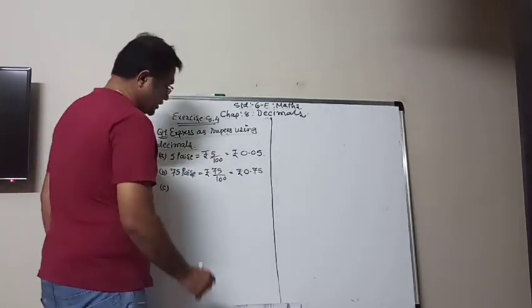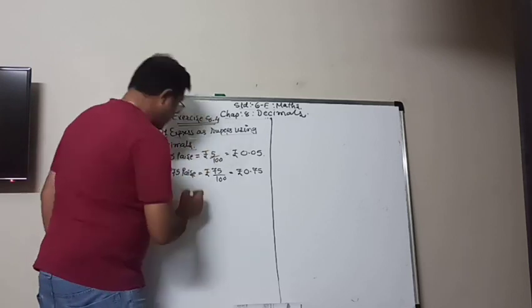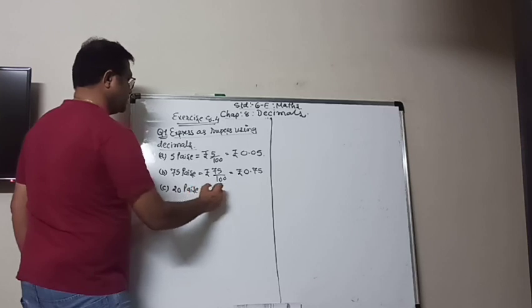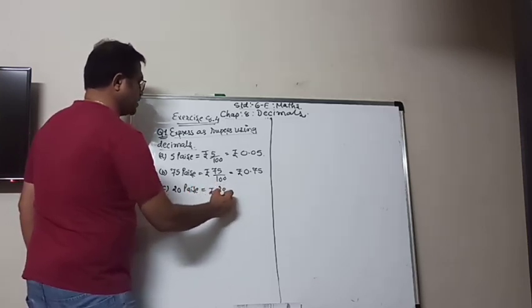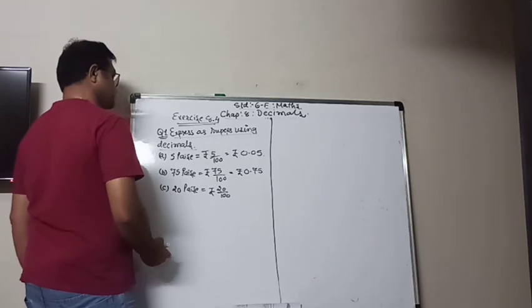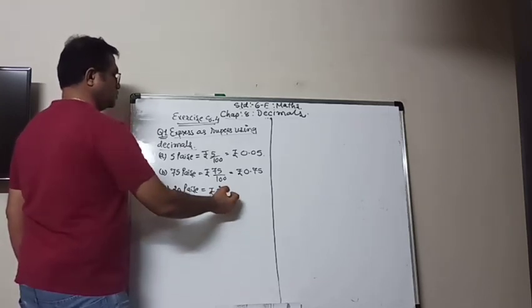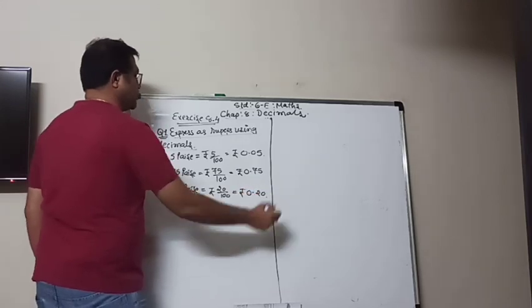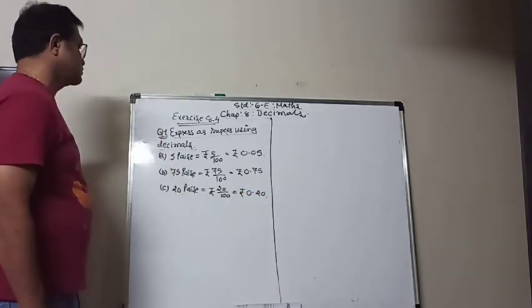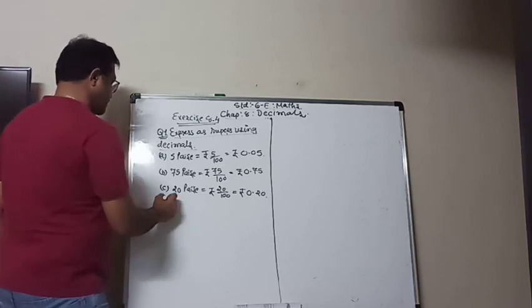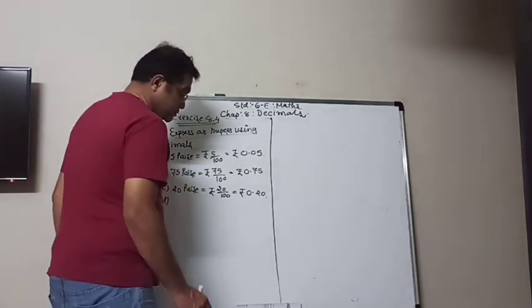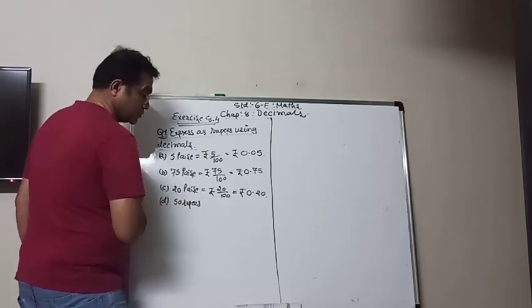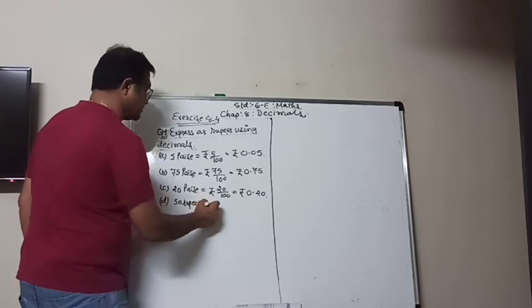C is 20 paise. 20 paise is rupees 20 upon 100. So it is rupees 0.20. D. 50 rupees 90 paise.